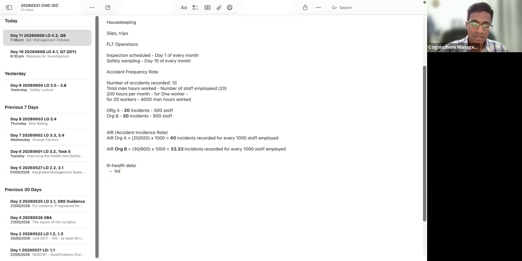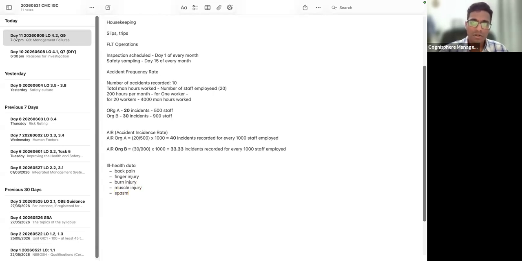For example, back pain, how many injuries of back pain recorded, and then finger injuries, or burn injury, and then in general muscle injuries or spasm.